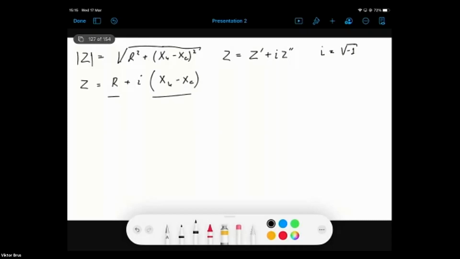for the real part of impedance. So if we take absolute value of such complex number, we will get this expression.